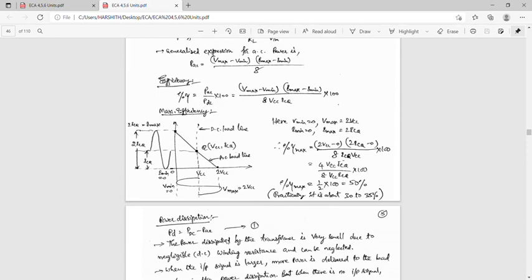The efficiency symbol is this one, percentage of efficiency. So efficiency equals output by input, that means PAC by PDC, into percentage, so into 100.